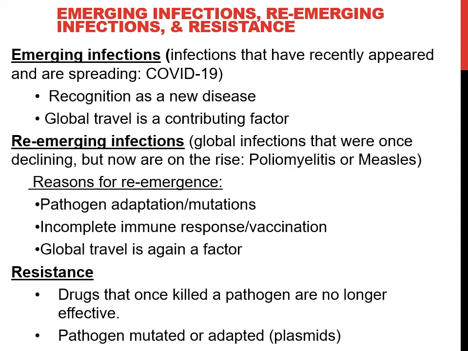A re-emerging infection is an infection that was once declining significantly, such as measles or polio, but is now able to either continue to infect patients or is on the rise. And we often hear of measles outbreaks around the globe, or an outbreak of polio somewhere.